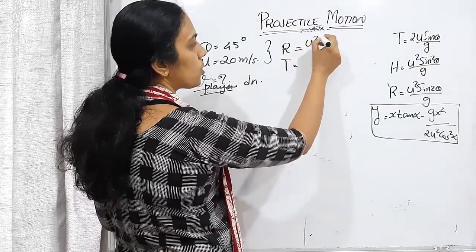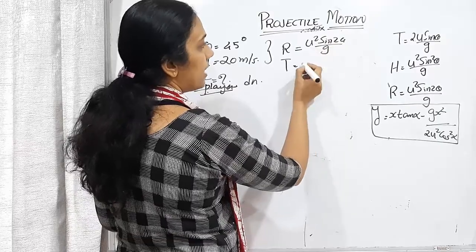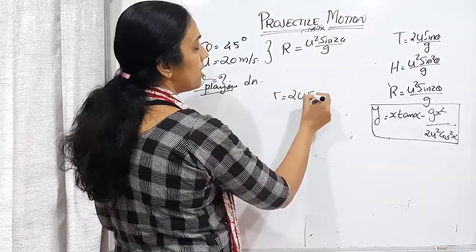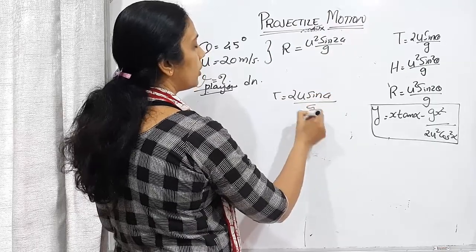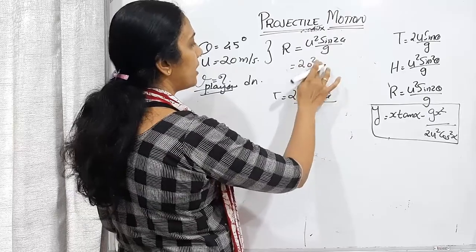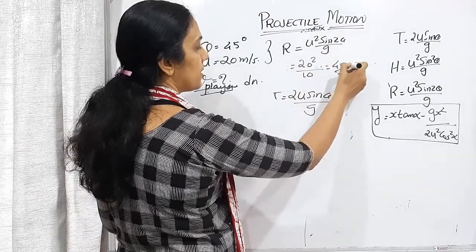Range equals u square sine 2 theta divided by g, right? And time equals 2u sine theta by g. First substitute these equations. U square is 20 square, sine 2 theta is sine 90, which is 1, divided by 10, so it is 40 meters.